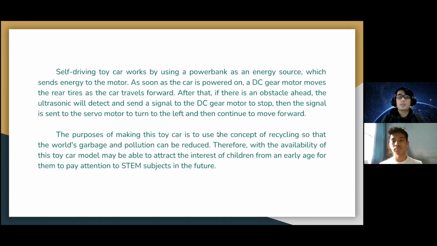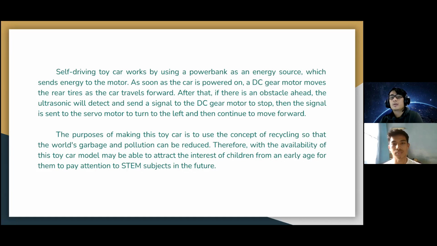For this mini project discussion, the self-driving toy car works by using a power bank as an energy source, which sends energy to the motor. As soon as the car is powered on, a DC gear motor moves the rear tires as the car travels forward.